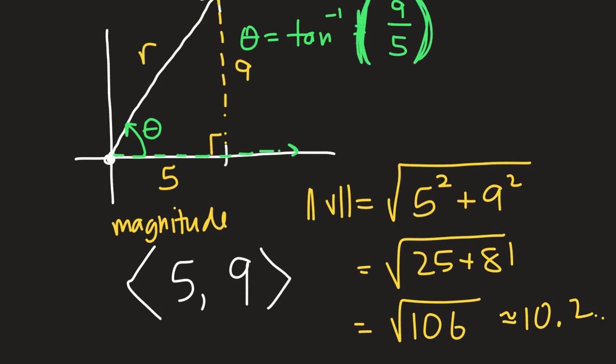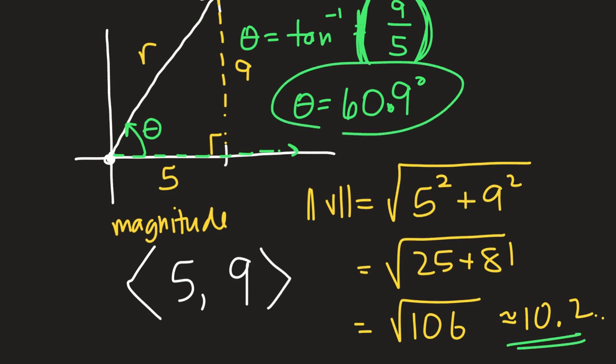If we put this in our calculator, we're going to be in degree mode, because we want to know the angle in degrees. My calculator says this is a 60.9 degree angle. So it's about 10.2 units long at an angle of basically 61 degrees.